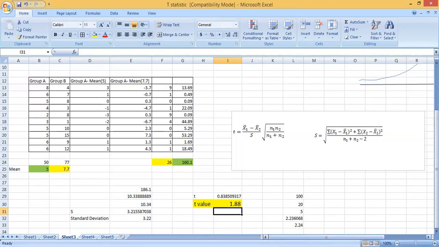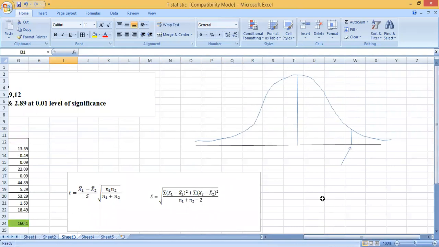Now for a better understanding, look at this. This is the normal distribution curve, normally distributed. This is the mean, and look at this point very carefully. This point is the critical value, and this is the rejection region.